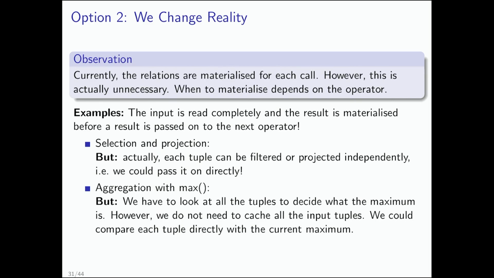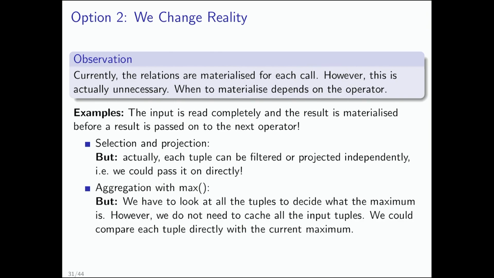You don't have to look at all of the data, just one tuple is enough. So it's independent from what comes afterwards. The same for projection. You don't have to know all the data, one is enough. Of course, if you do duplicate elimination, it's a different story. You have to be more careful. But if you ignore duplicate elimination, you can decide it on an individual tuple.